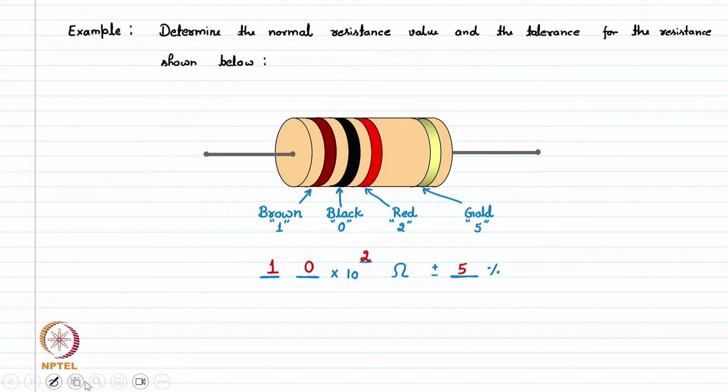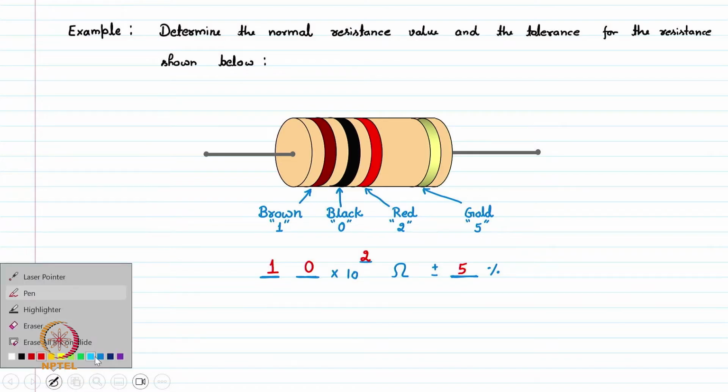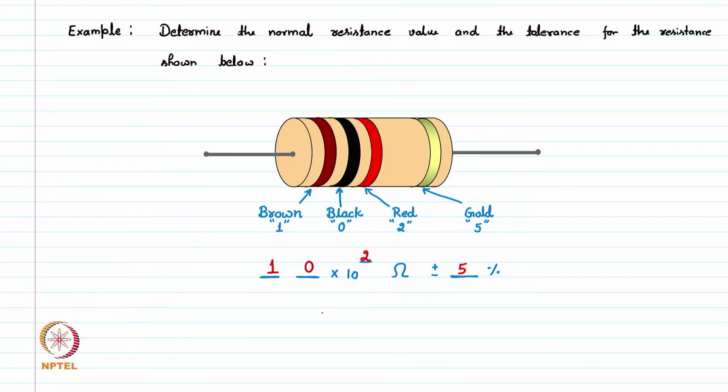So now we see the nominal value of this comes out to be 10 multiplied by 10 to power 2 ohm.